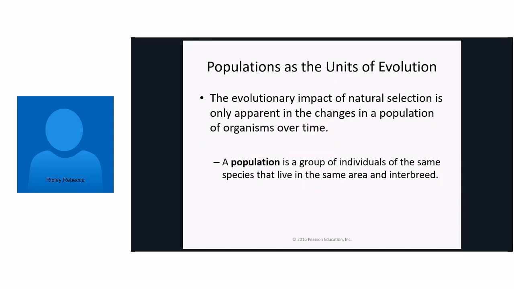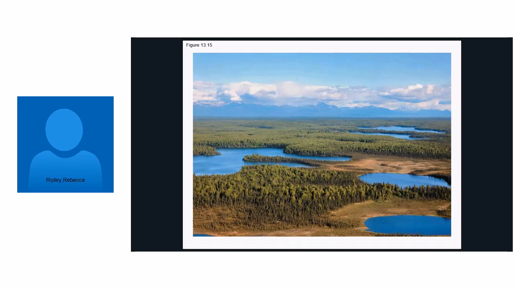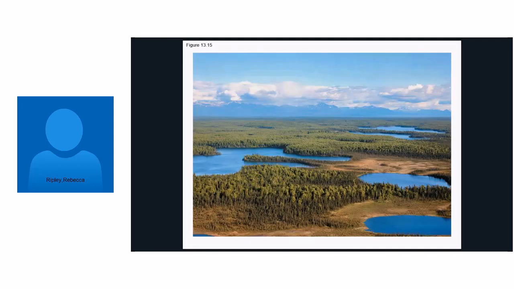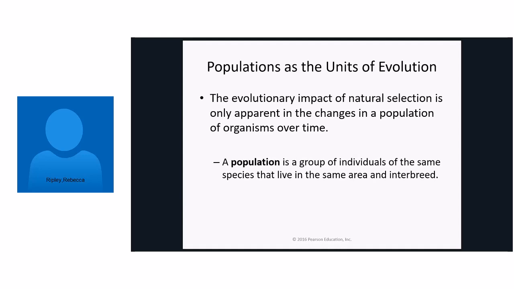And the last point in this is the fact that populations are the unit of evolution. A population is a group of individuals of the same species that live in the same area and interbreed.